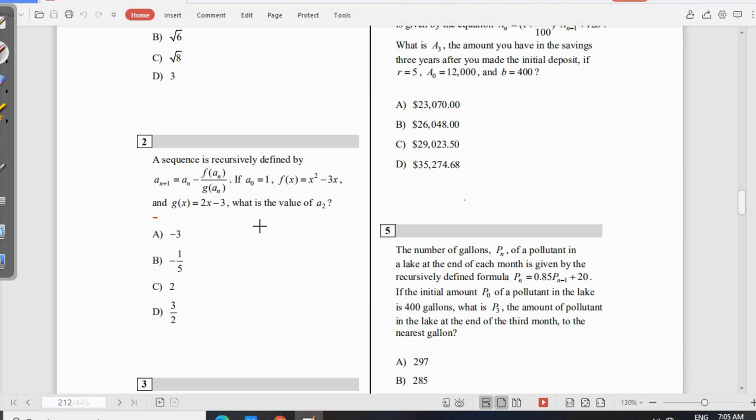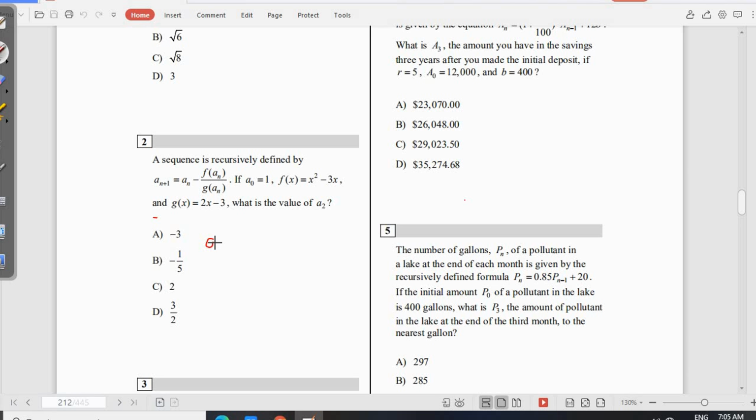Okay, so from here we have a0 is equal to 1. We're going to put that here, a0. Since a0 is equal to 1, if you put 0 plus 1, that's a1.